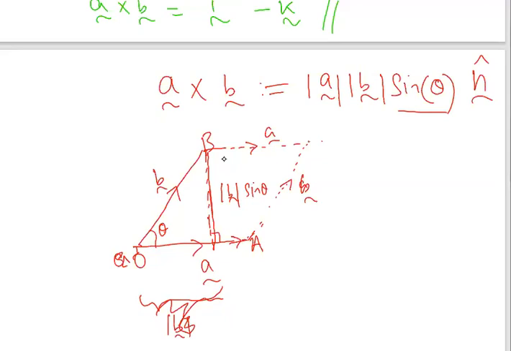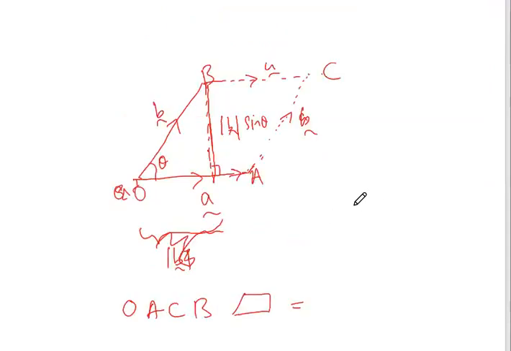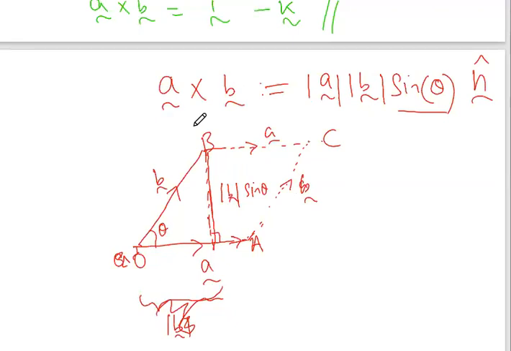I will say this is C. So what is the area of the OACB parallelogram? How do you express this in terms of the cross product of A and B?